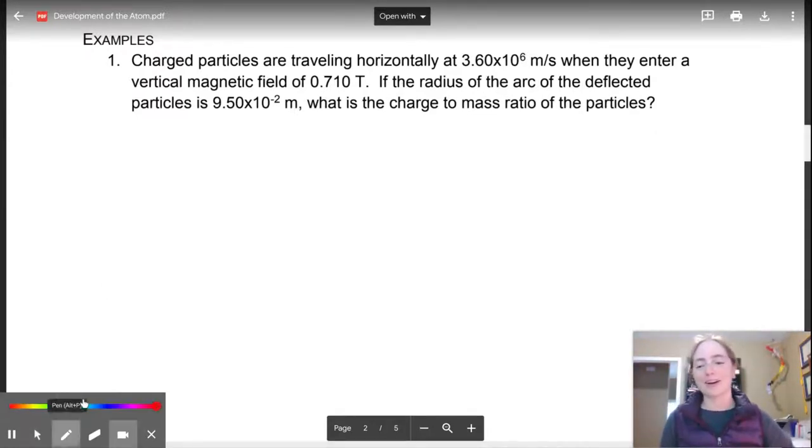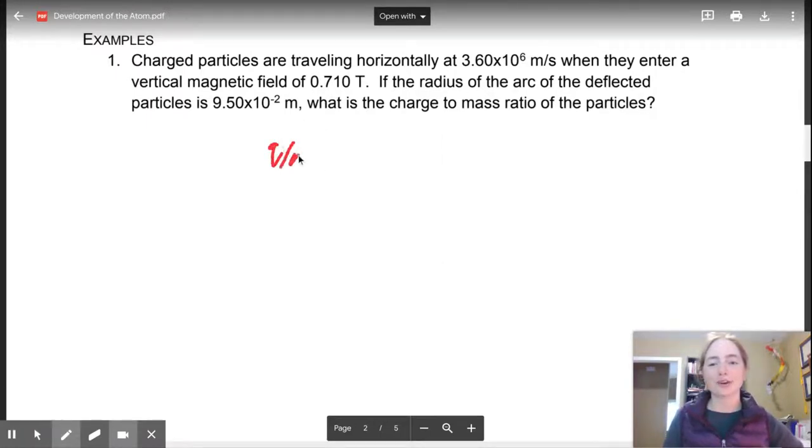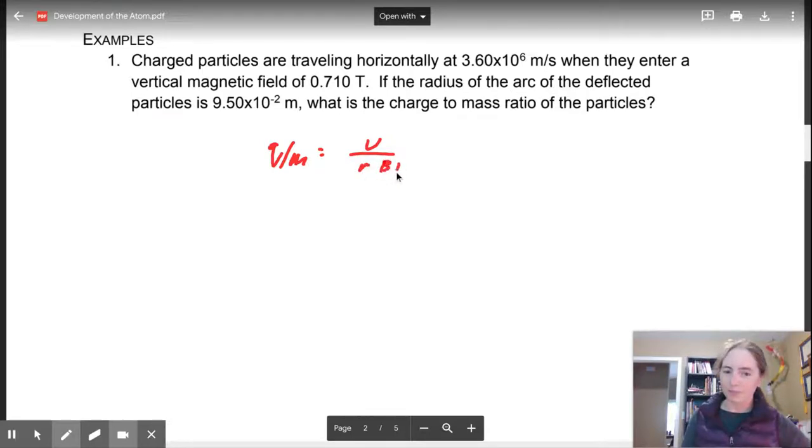So where we left off is we had just derived our q over m is equal to our v divided by our r B perpendicular.